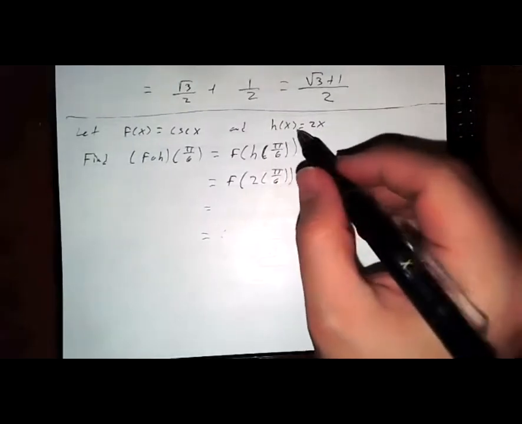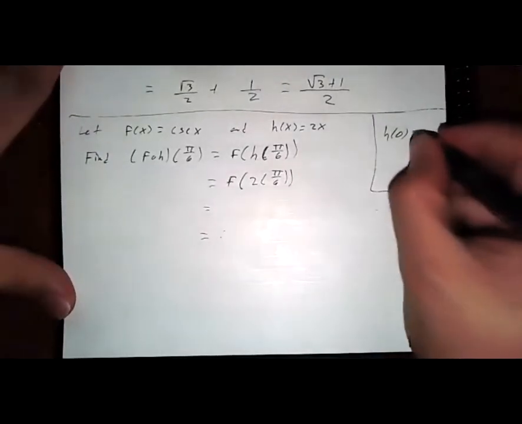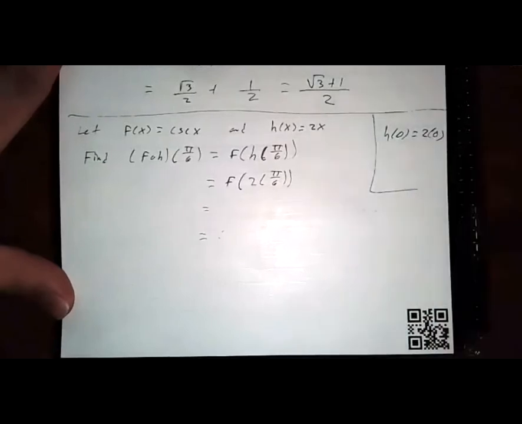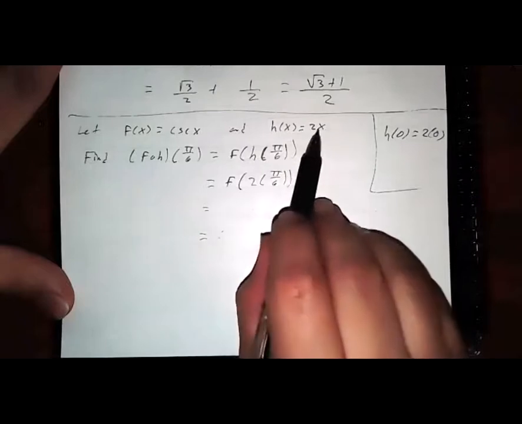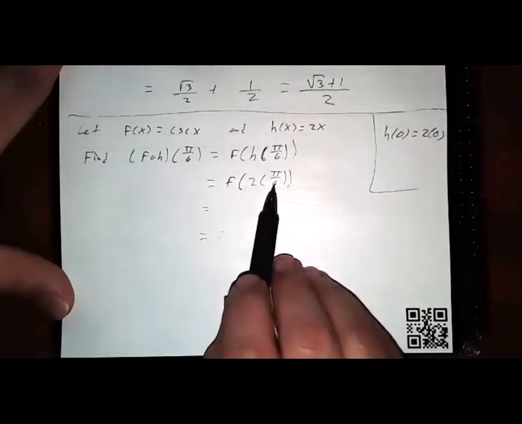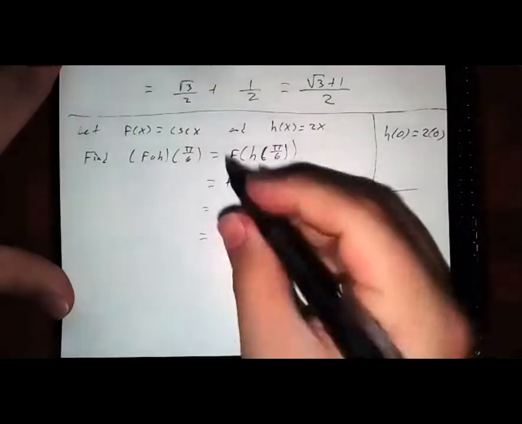So to remember it, if I said h of 0, that means you plug in 0, right? So h of pi over 6 means I plug it in here. So that's where this 2 times that came from. Oh, okay. All right. Thanks. No, it's okay.